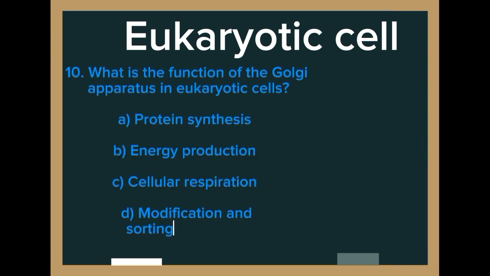10. What is the function of the Golgi apparatus in eukaryotic cells? A. Protein synthesis. B. Energy production. C. Cellular respiration. D. Modification and sorting of proteins.